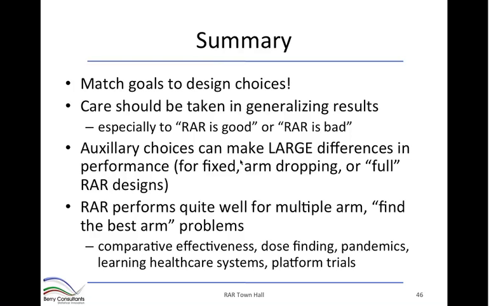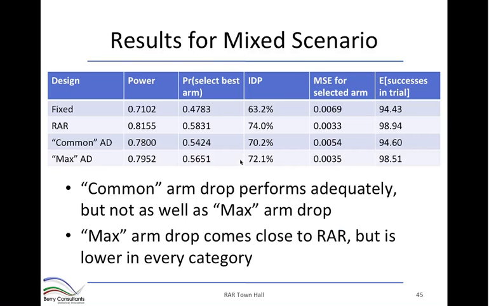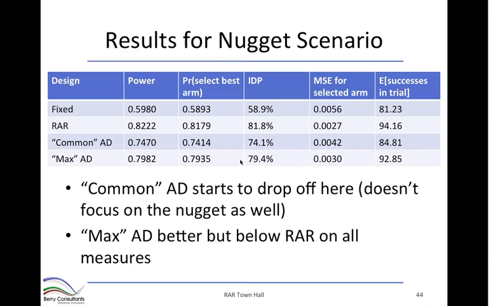So I do have the expected number of successes in the trial, and I'll show it for the Nugget. I don't have the number of patients on each of the arms handy, but I have the simulation results. If you're interested in how many patients were allocated to arm 1, arm 2, arm 3, arm 4, I can certainly obtain that.